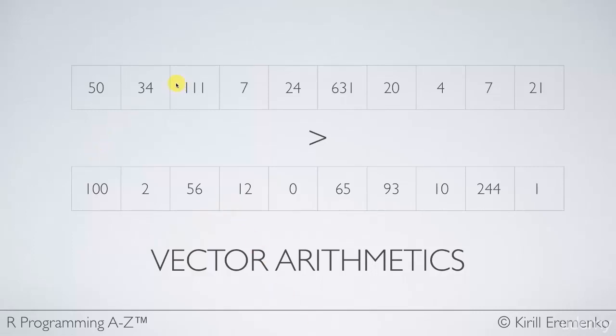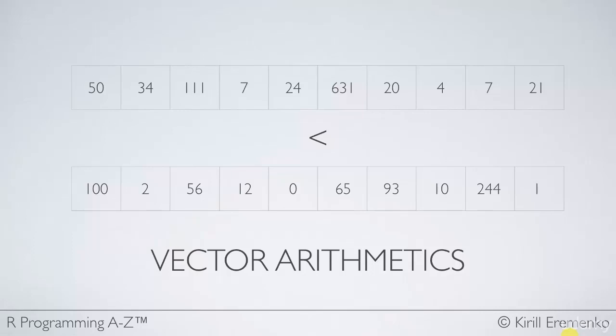So you can compare this vector, so vector A, let's say A greater than B, and what will happen is R will compare element by element, and you will have a resulting vector of, for instance, the first element in the resulting vector will be false, the second element will be true, then it'll be true, then it'll be false, then it'll be true, and so on. And of course you can compare the other way. So even Boolean operations you can still perform in a vectorized manner. And moreover, as we'll see from next tutorial, all of these operations you should perform in a vectorized manner.